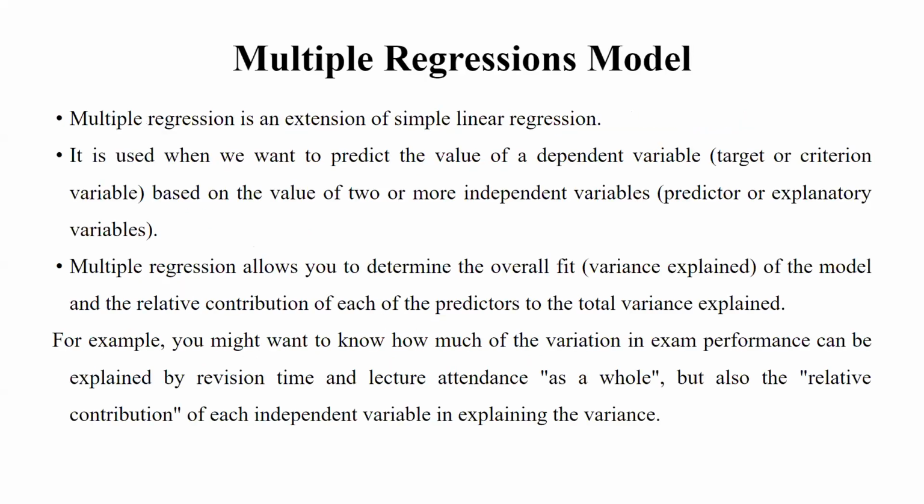When it comes to multiple regression, we predict the same exam marks by having more than one independent variable. In the previous case, we were taking only the number of hours the student studies for the examination. Now in this multiple regression model, we are adding two more variables: the students' previous academic year performance, as well as the students' attendance percentage in the classroom.